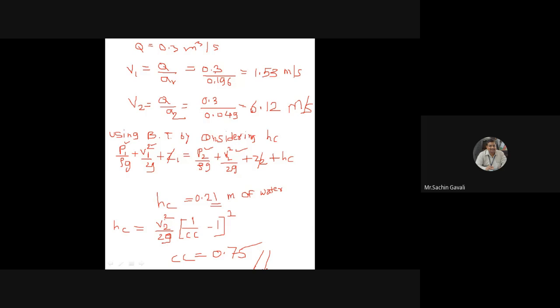Okay, has everybody understood? Please write understood and over, so that we'll proceed to next. 0.56 is wrong. I think V2 squared divided by 2g, 1 upon CC minus 1, it is coming 0.75. You check the answer. The book answer is like this.